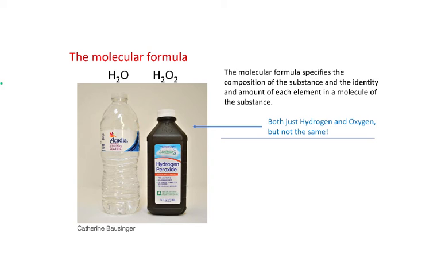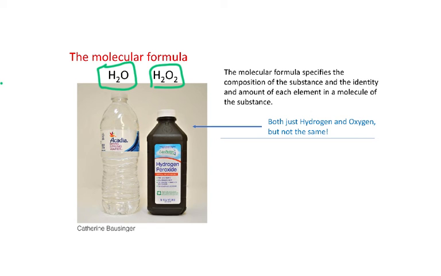So here in this picture, right, we have H2O and H2O2. So they're both just hydrogen and oxygen, and that's it. But they're clearly not the same. H2O, more commonly known as water, and H2O2, more commonly known as hydrogen peroxide.